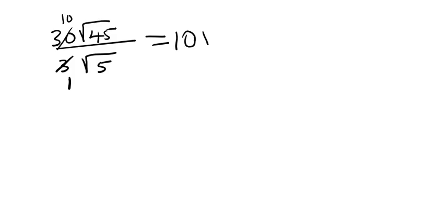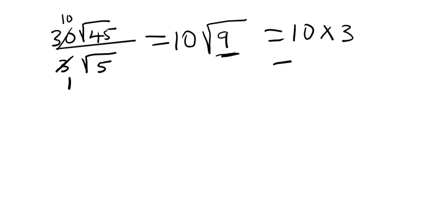Square root of 45 divided by square root of 5 is going to give us what? 9. Here, 9 is a perfect square. So you have to split it. So it's going to be what? 10 multiplied by 3. Because square root of 9 is 3. So at the end of the day, we are going to have 30 as our answer. 10 multiplied by 3 is 30.